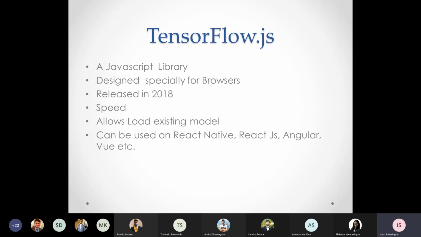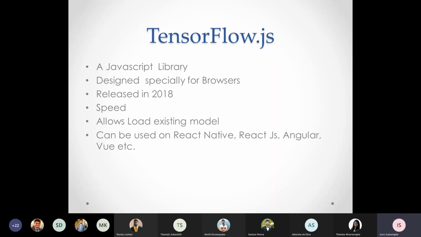It also allows us to load an existing model into our browser, so we don't need to waste time training models. We can simply integrate TensorFlow into our web app using TensorFlow.js.